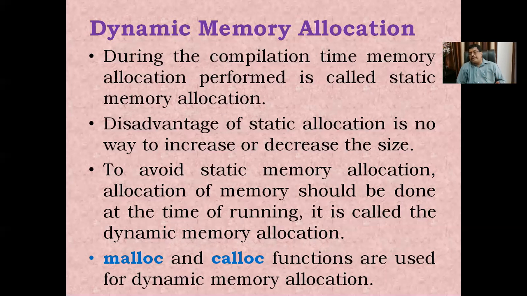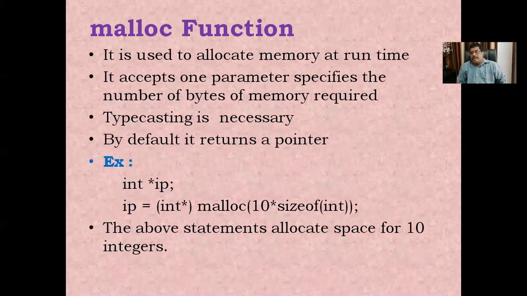Static memory allocation is done at compilation time, whereas dynamic memory allocation is done at runtime. To allocate the memory, we use two types of functions in dynamic memory allocation: malloc as well as calloc.